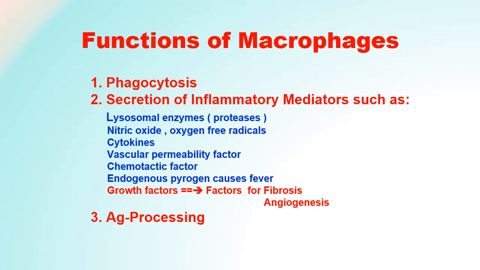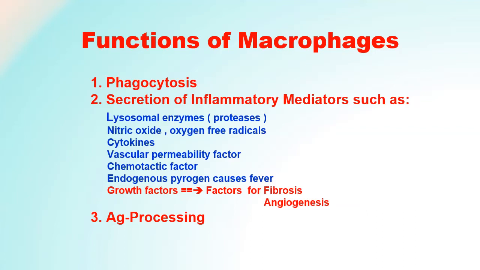They also secrete growth factors that stimulate fibroblast proliferation and collagen production, causing fibrosis, and promote angiogenesis. And third, antigen processing, by preparing the antigens for the immune system to induce immune stimulation.